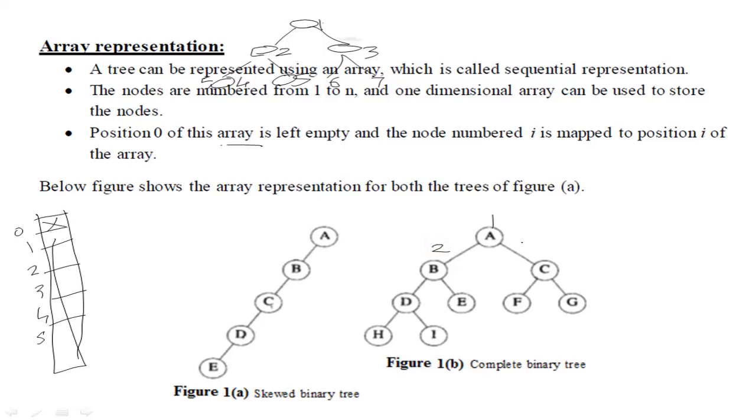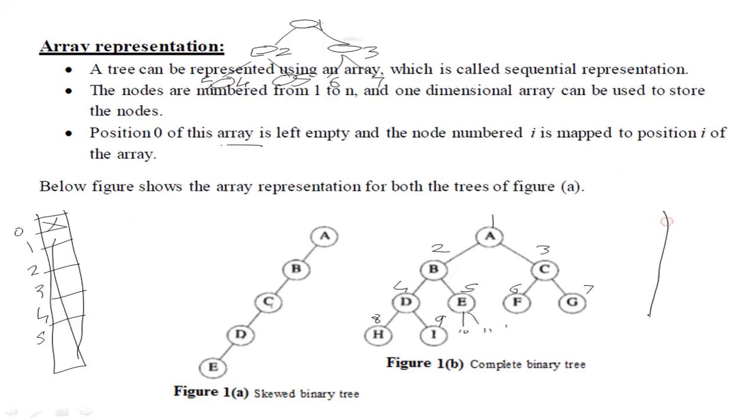I will name this as 1, this as 2, this as 3, this will be 4, 5, 6, 7, 8, 9 and so on. If there were nodes here, I would have numbered them 10, 11, 12, 13 and so on.